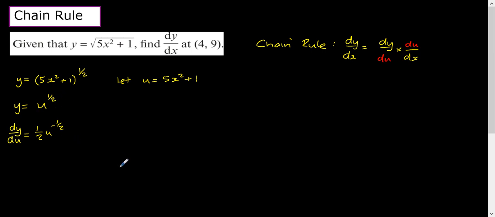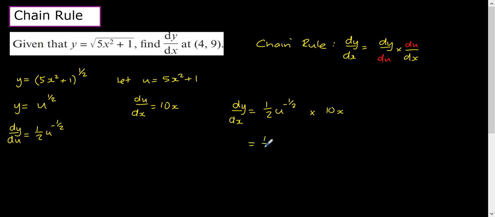Multiply by the power, drop the power by 1. du by dx is going to be 10x. Differentiate that. And then we combine the two things together so that dy by dx is our dy by du, 1/2 u to the minus 1/2, multiplied by 10x.